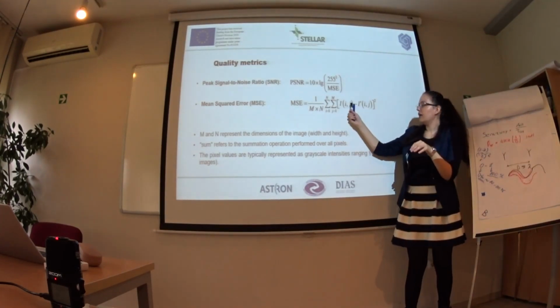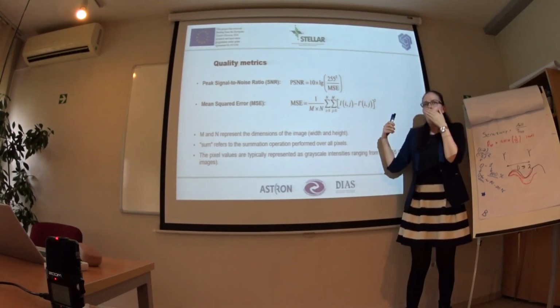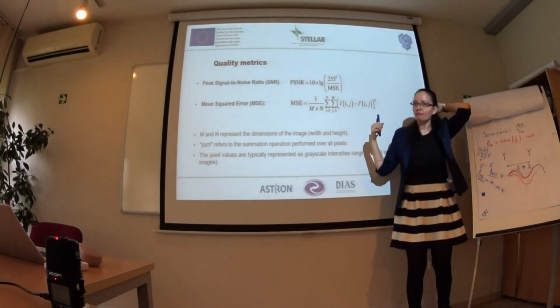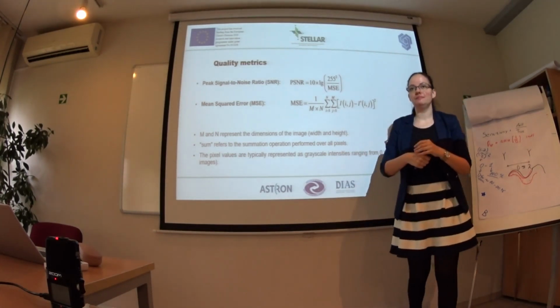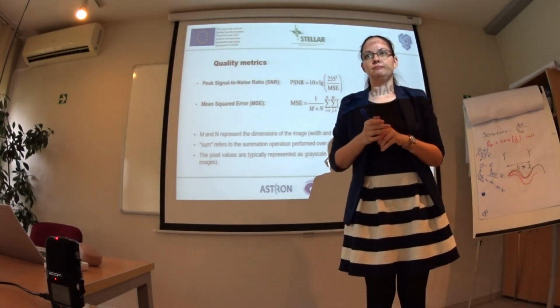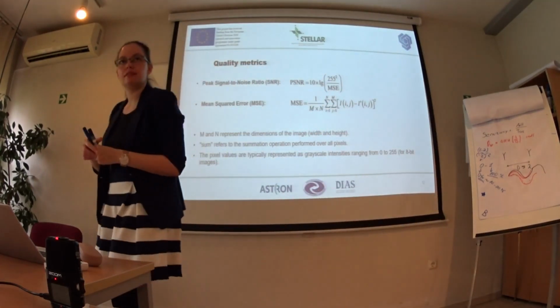So one is the original and the other one is the processed one. So you compare both and you see how much the processing affected your original image. This is the point of this.